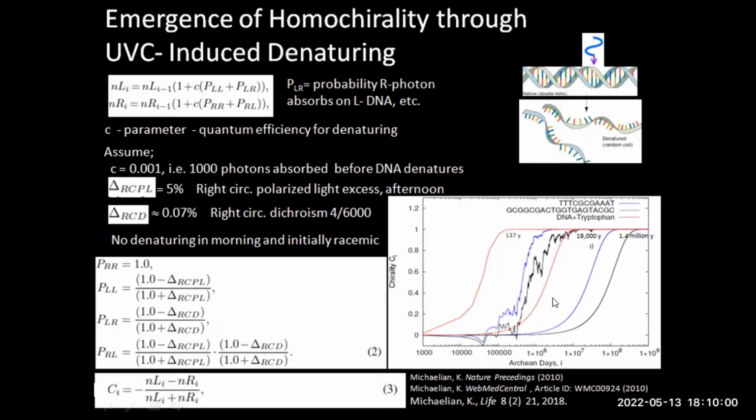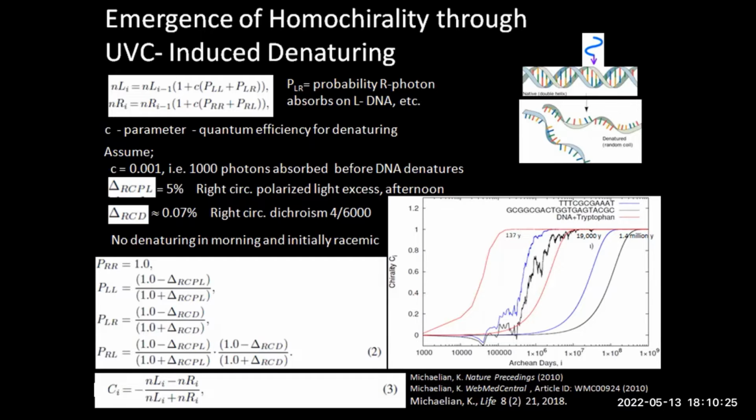The other calculation is assuming that there's an energy threshold. So for example, we need above a certain number of photons absorbed on a particular DNA in order for it to denature. Because what can happen is we can absorb a few photons and then the DNA denatures in a section of the DNA, but it goes back together again with time.